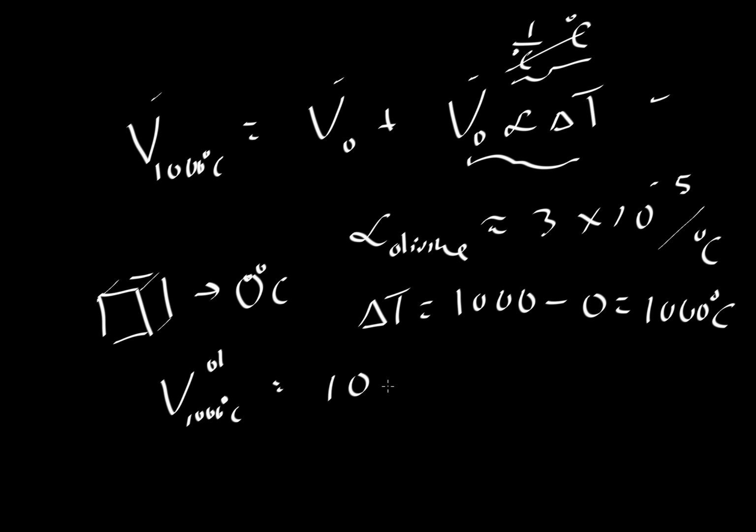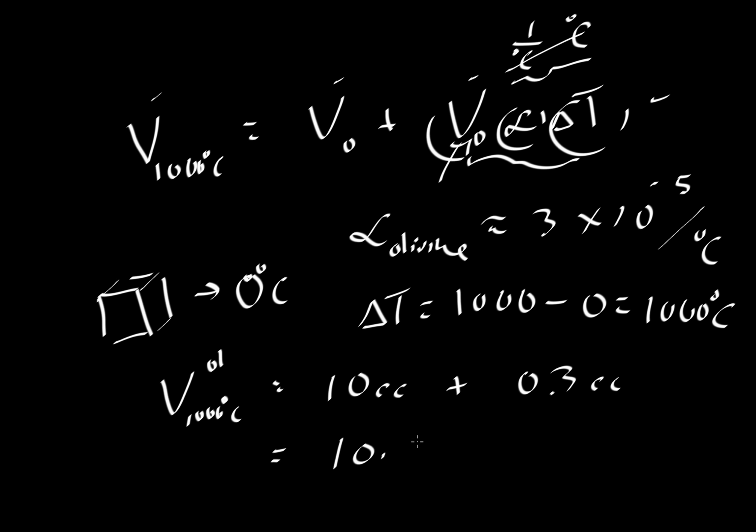Remember, we said we were going to use 10 cubic centimeters plus 0.3 cubic centimeters. So it would be 10 multiplied by 1,000 multiplied by 3 times 10 to the minus 5, and so it gives us 0.3.